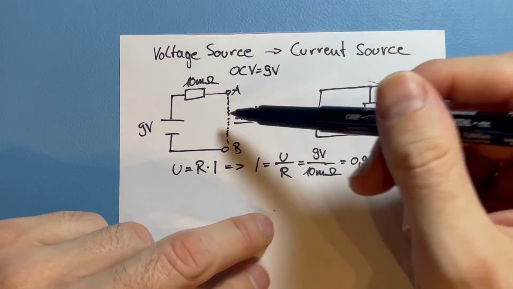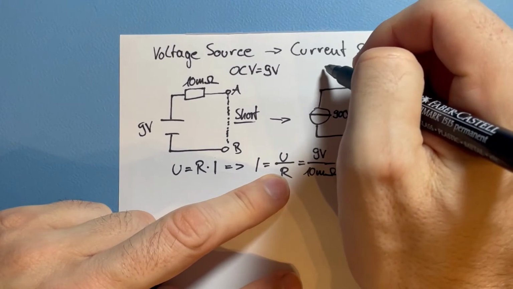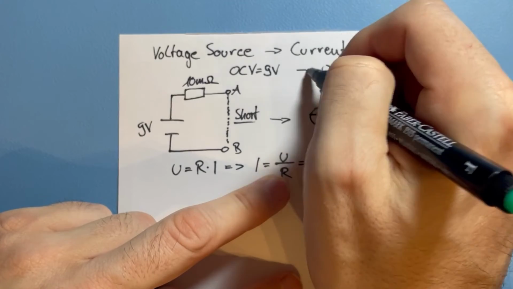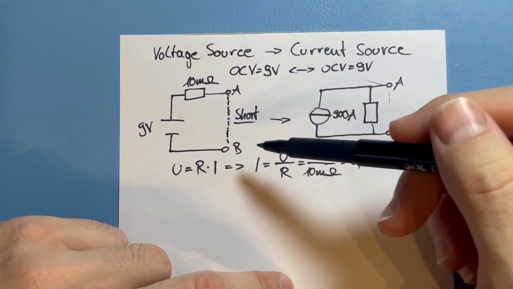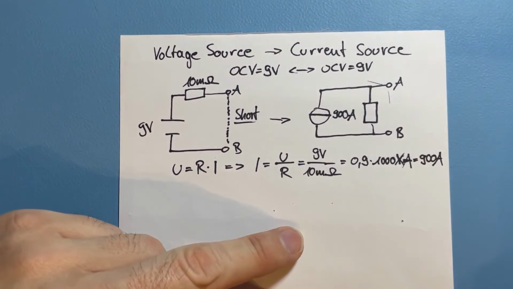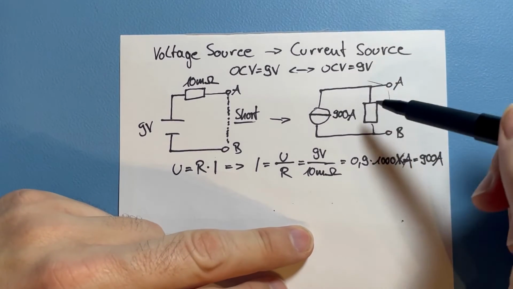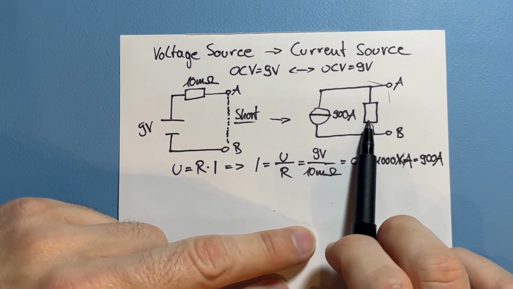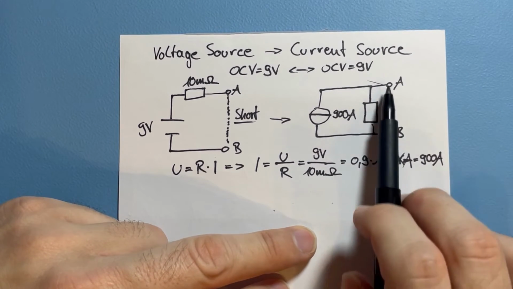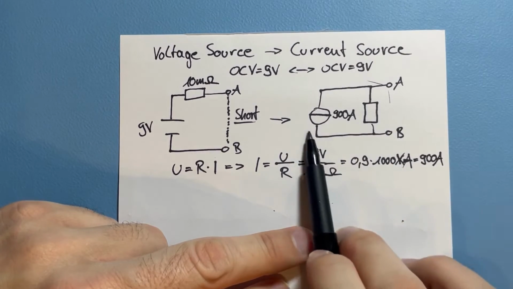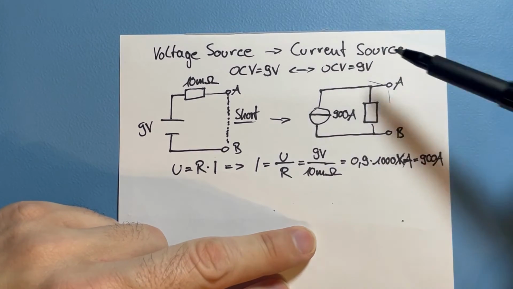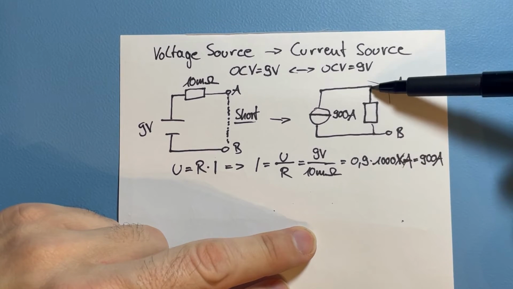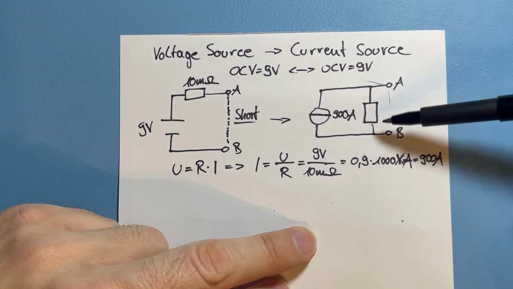And if these two are equivalent, then the open circuit voltage here to the right also has to be 9 volts. So the short circuit behavior has to be the same, and the open circuit behavior has to be the same. And so the question is, what resistor do we need here, so that when this circuit is open, meaning all the current is flowing through this resistor, there is a voltage of 9 volt, and that 9 volt drop is across the resistor.